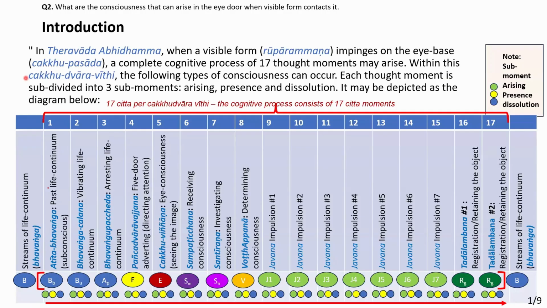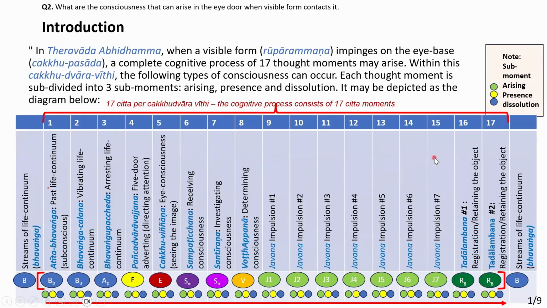Each thought moment is subdivided into 3 moments: arising, presence, and dissolution. It may be depicted as the following diagram. It will be preceded by 3 bhavangas, followed by the five-door adverting, then the eye consciousness, followed by receiving consciousness, investigating consciousness, determining consciousness, followed by 7 javana cittas.